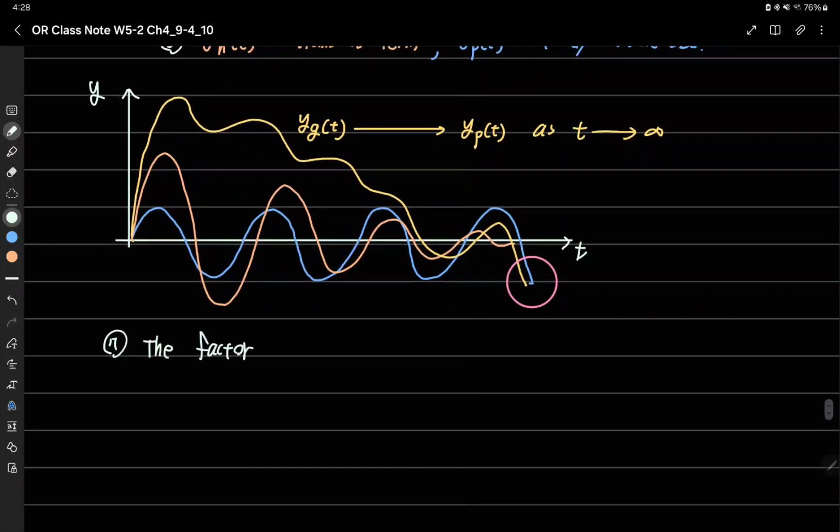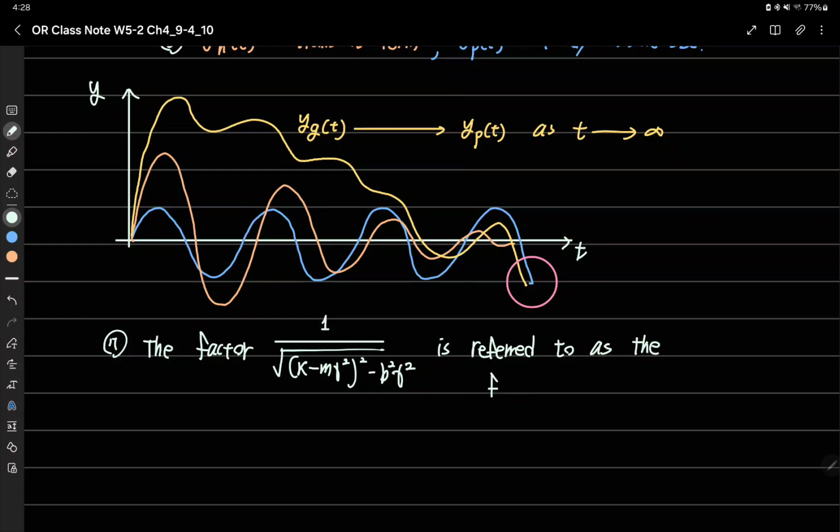That represents the ratio of the magnitude of the sinusoidal response to that of the input force.